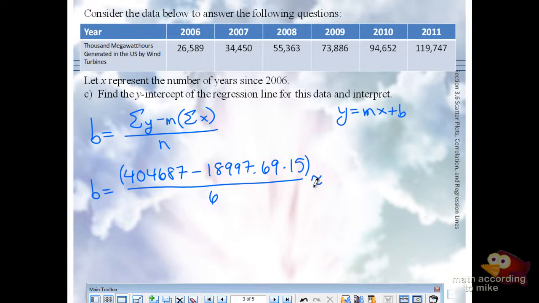Just like before, let's go to 2 decimal places. I got 19,953.61.